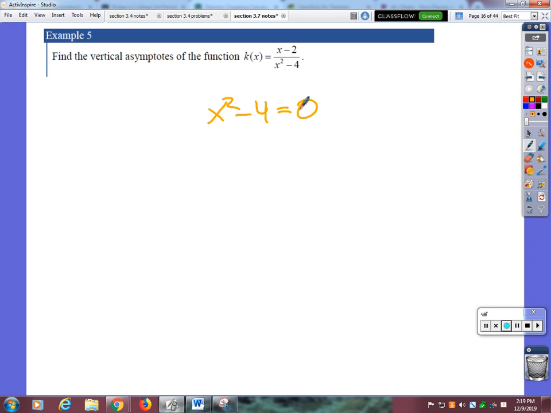I'm going to factor this into plus or minus 2, so x is equal to negative 2 or 2. Your assumption would be that since those are the places where the denominator equals 0, we would have a vertical asymptote at negative 2 and 2, right?